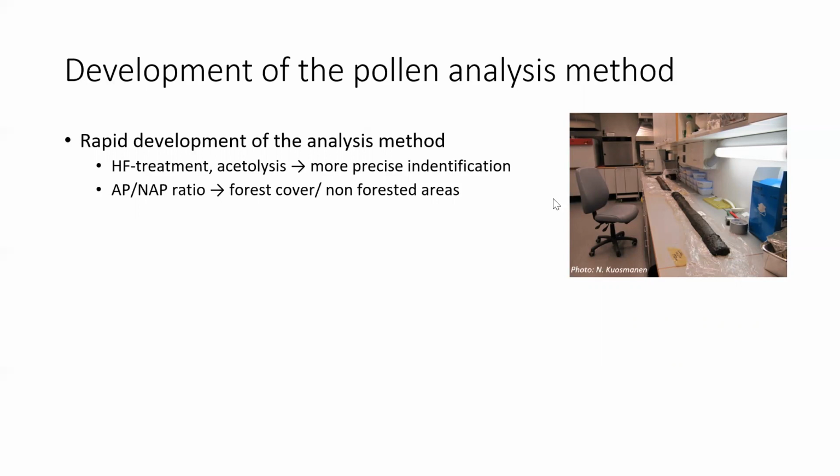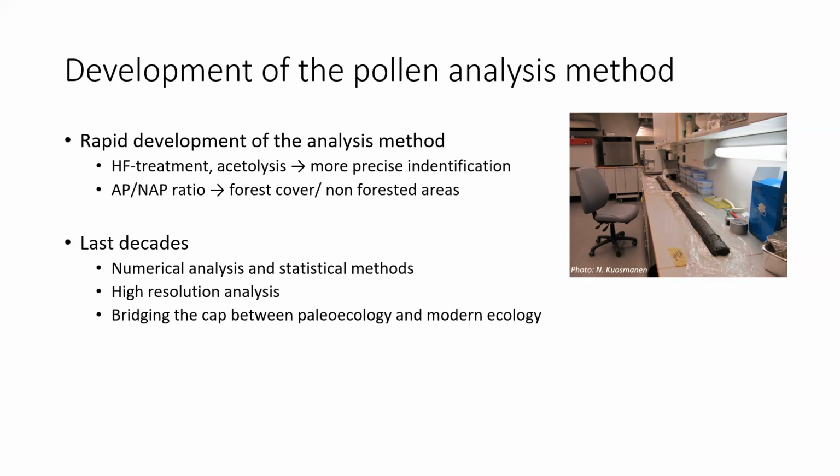Then one important step was the more precise development of dating methods, especially radiocarbon dating, which gave the opportunity to create more precise and chronologically better reconstructions of past vegetation.